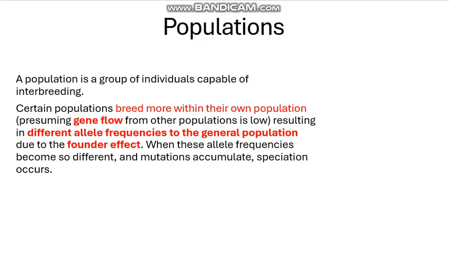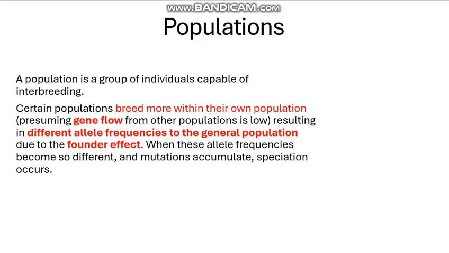Certain populations breed more within their own population, presuming gene flow from other populations is low, resulting in different allele frequencies to the general population as a result of the founder effect, which we talked about last time, where certain alleles in the small number of original organisms in the population with a small effective population size become more common.